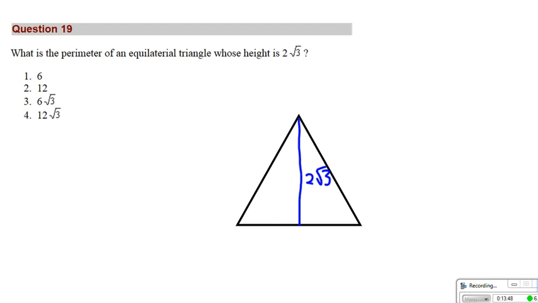Then if you think about it, this is actually a pretty nice question, because the ratio in a 30-60-90 triangle would have been x, where this is x radical 3, and this becomes 2x. In that case, we realize the value of x must be equal to 2, because we can set them equal to each other. Then x equals 2, so one side becomes 4. Since one side is equal to 4, we have three sides 4, 4, 4. Our answer for the perimeter becomes 12.